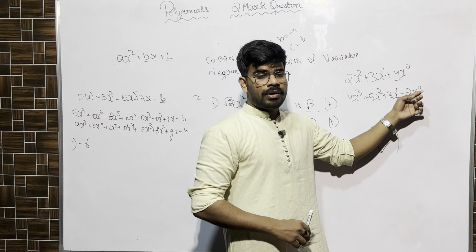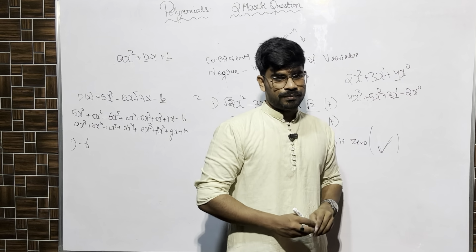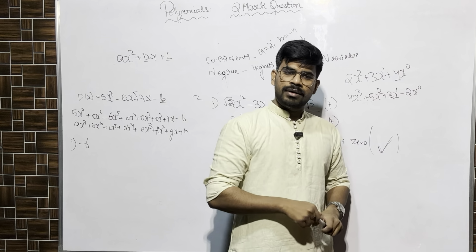X power 0 value is 1. However, while calculating degree, we will consider that as 0. X power 0 value is 1, I am agreeing to that. However, while considering the degree, we have to take the power. Otherwise, the degree here is 3. Degree of the entire polynomial is 3. I can write it this way also.